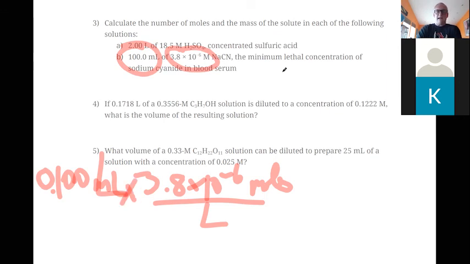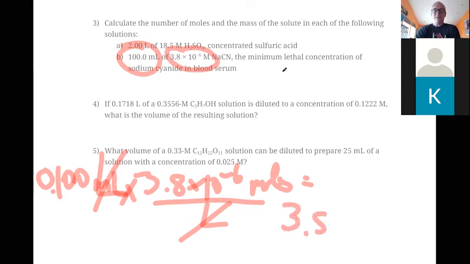So how many moles is that? My liters cancel. I did scientific notation. Can I type it? Yeah, definitely. That's a lot of zeros.